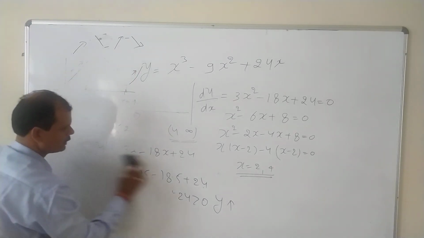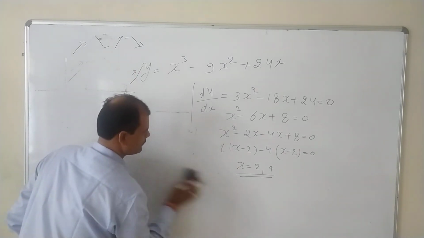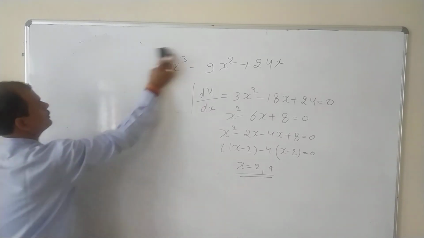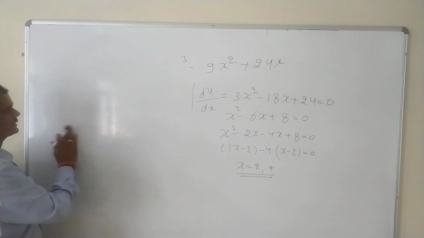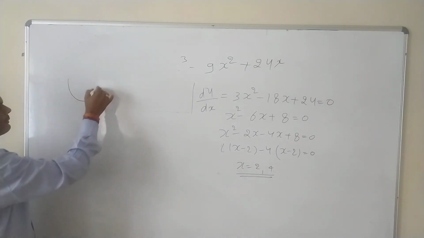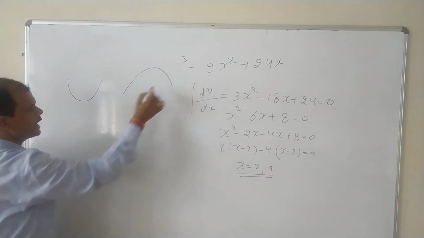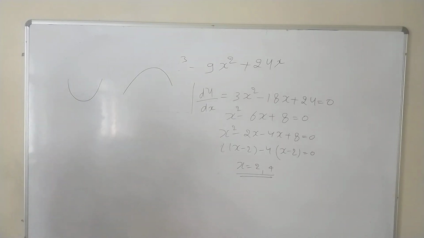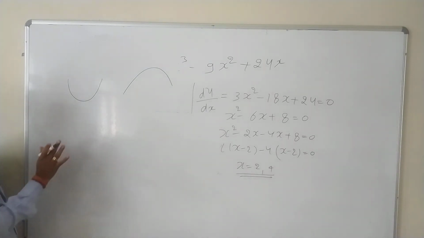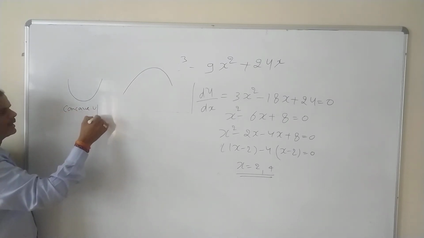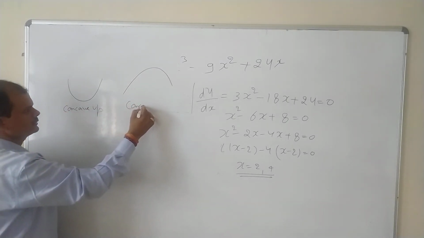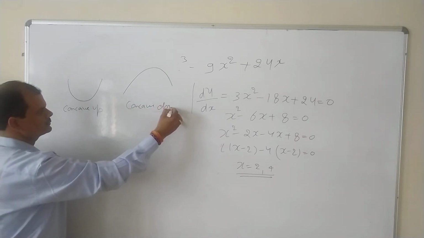Okay. Now what is the point of inflection? Something called concave up and concave down. I will give one separate video for this concavity, okay? So this is called concave up and this is called concave down.